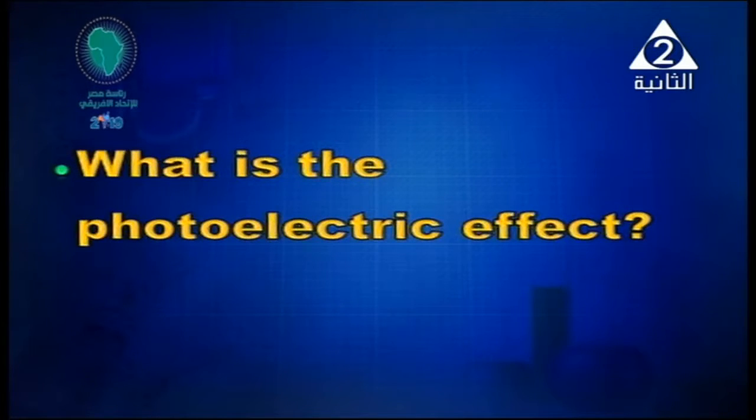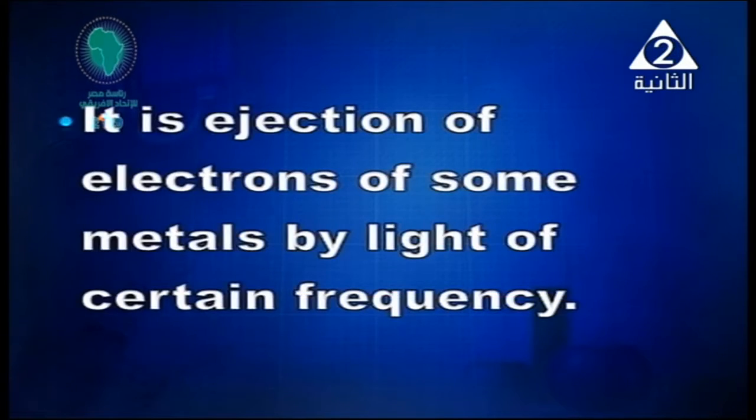Now we've got questions and we want to answer them together. What is the photoelectric effect? What is photoelectricity? It is ejection of electrons of some metals by light of certain frequency. Your attention, there's something important here: certain frequency.